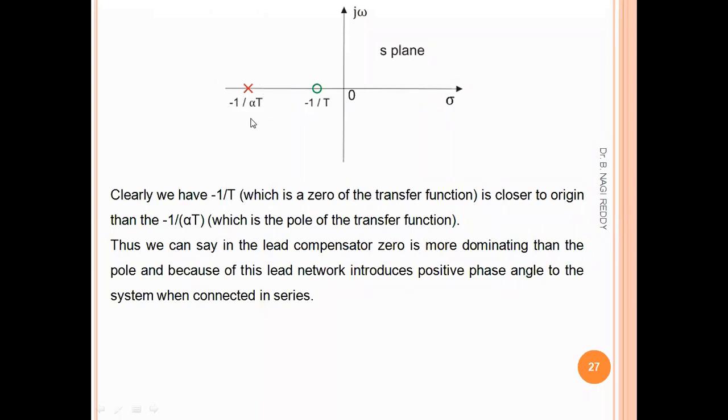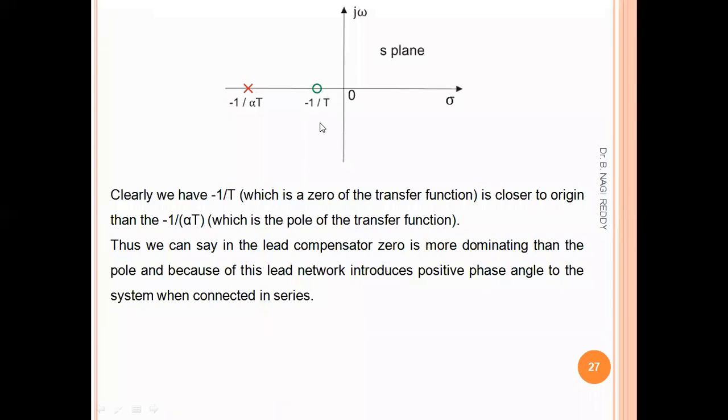So if the denominator is small, then the entire value will become high. That's why the pole always lies on this side, the left side, and here the zero always lies on the right side, very near to the origin. You can see the zero is very near to the origin.